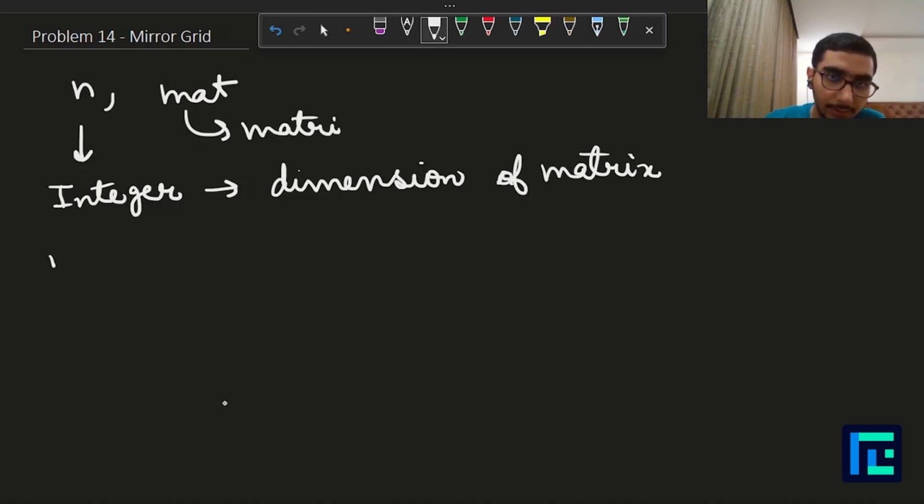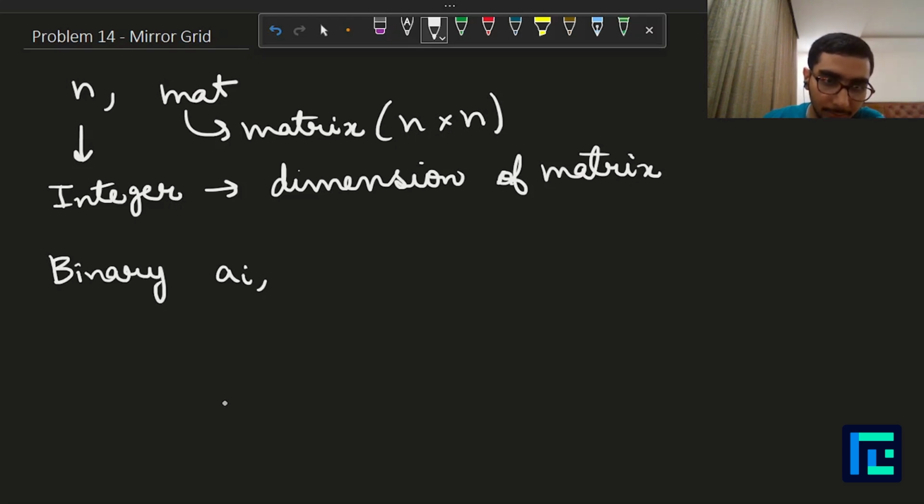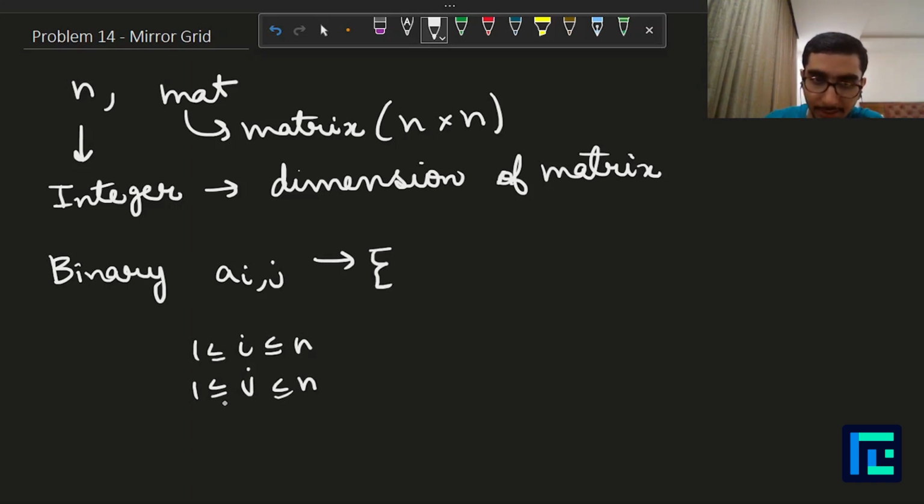This is the n cross n matrix, and remember that the matrix is binary. So a[i][j], where i can range from 1 till n and j will range from 1 till n, would be either 0 or 1. So it can be either of those two values only.